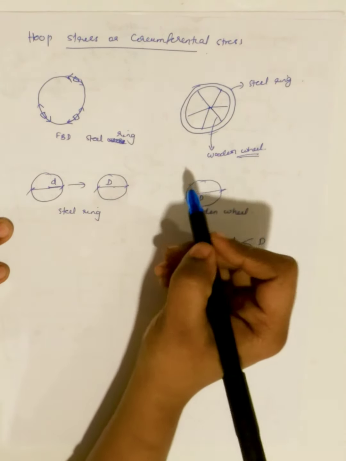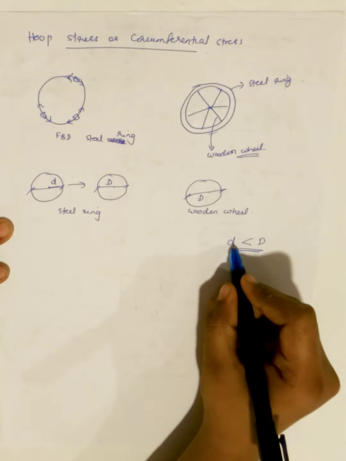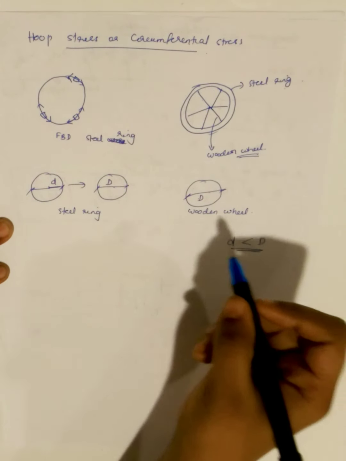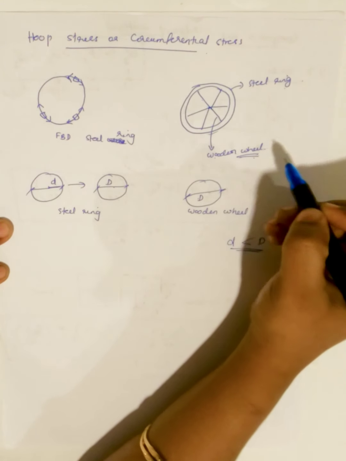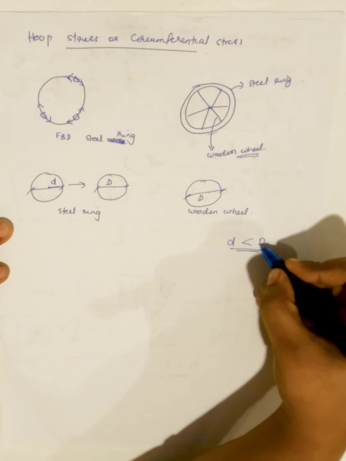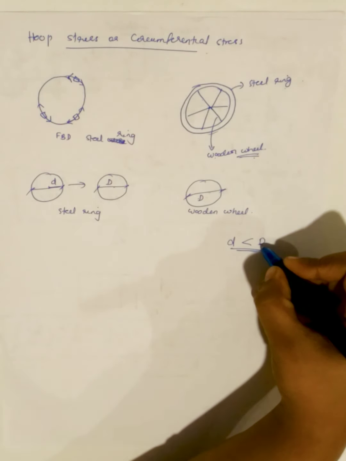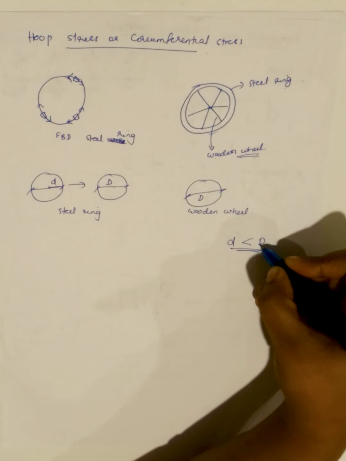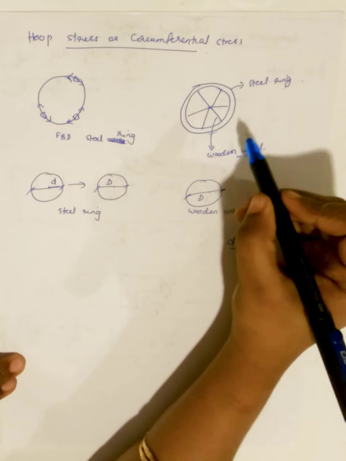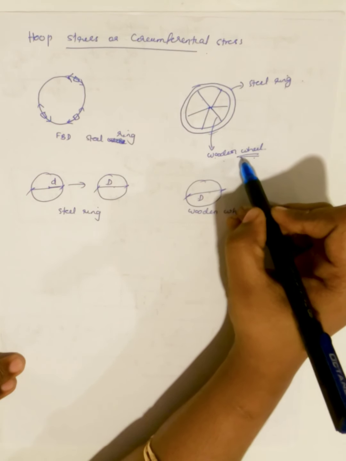So initially the steel ring is of small d diameter. In order that it be wound on this wooden wheel, it should match the diameter D. Then only the steel wire can be wound on this wooden wheel.